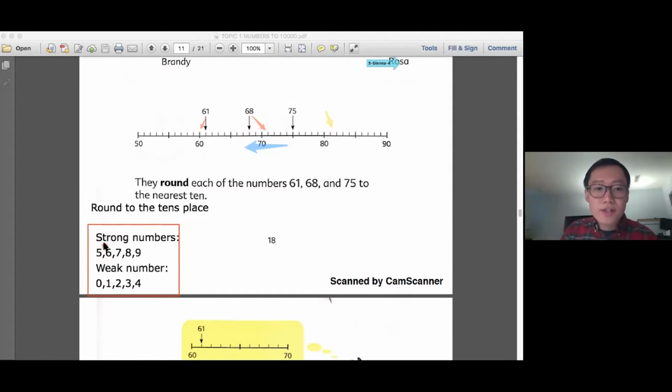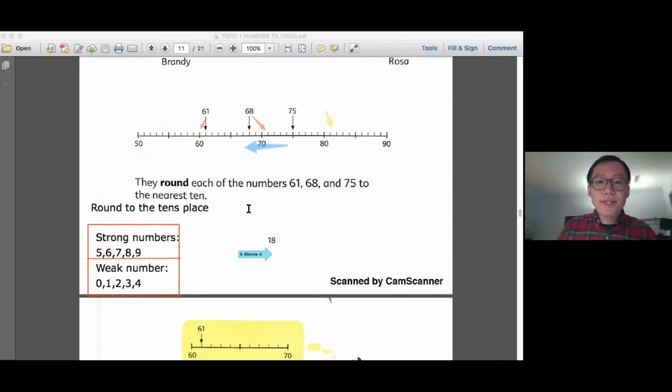Strong numbers are 5, 6, 7, 8, 9. So the top is strong numbers, below is weak numbers.